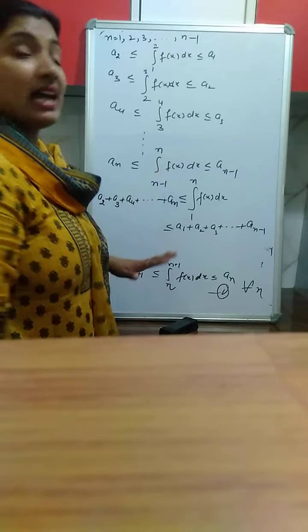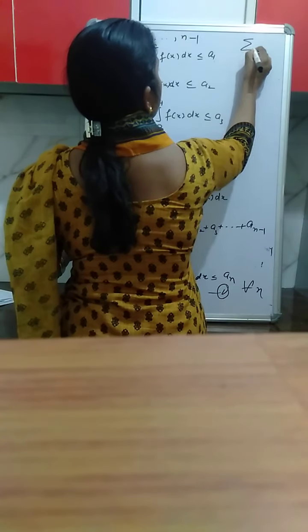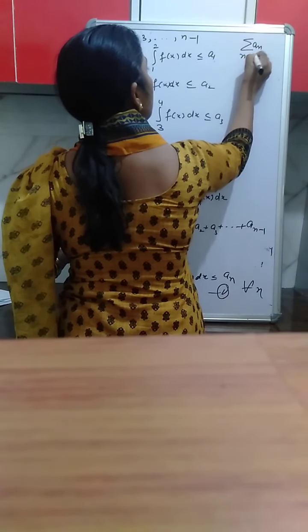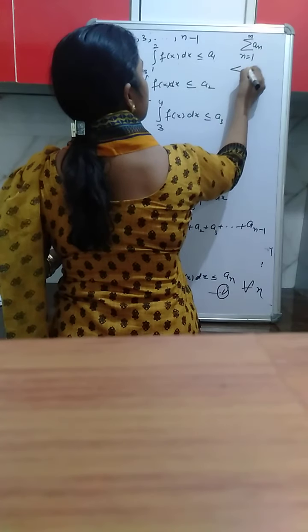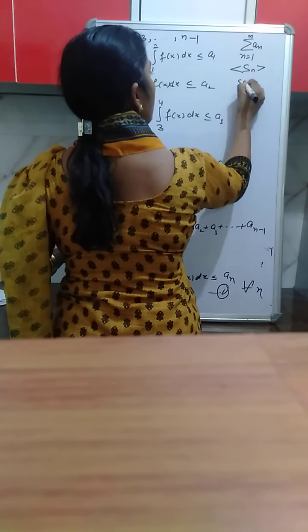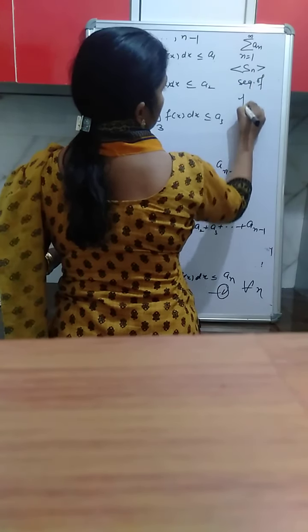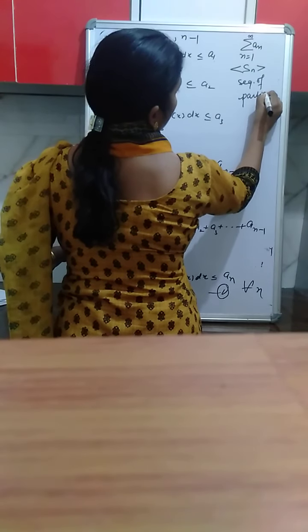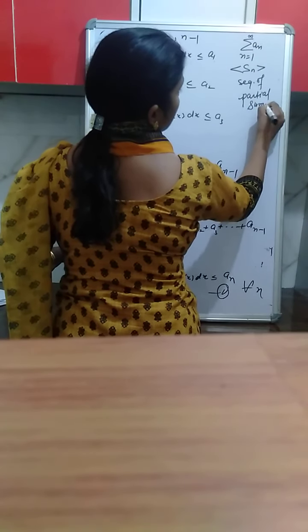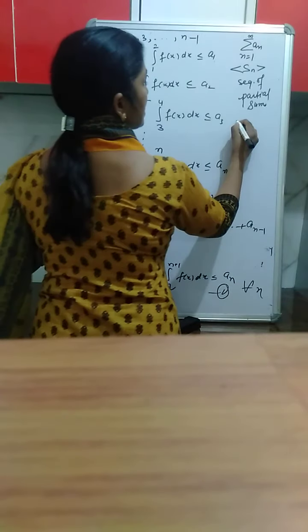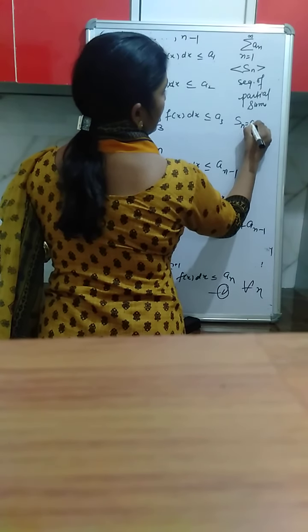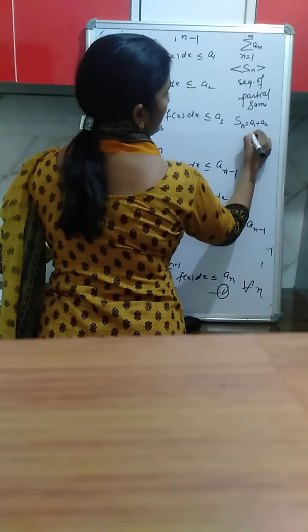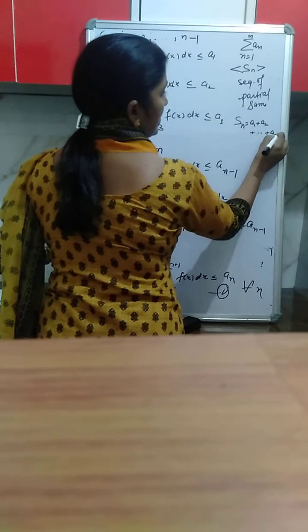Now as we are given the series summation an, n varies from 1 to infinity, let Sn be the sequence of partial sums. As I told earlier, what is Sn? Sn means the sum of first n terms, a1 plus a2 plus and so on up to an.